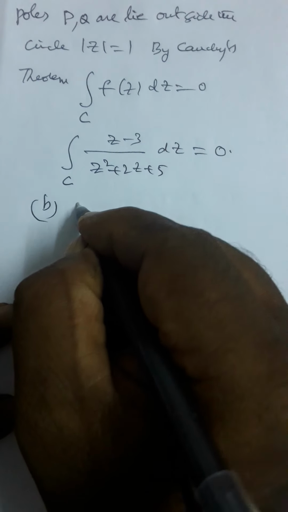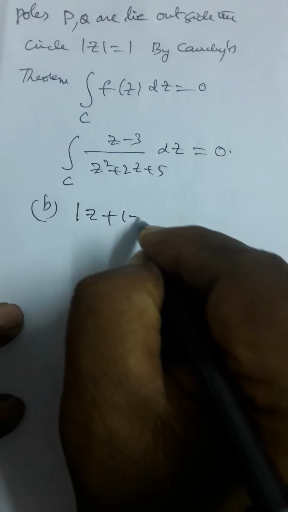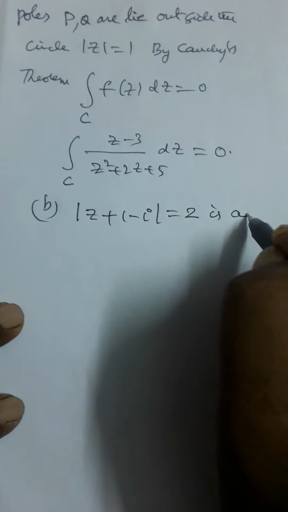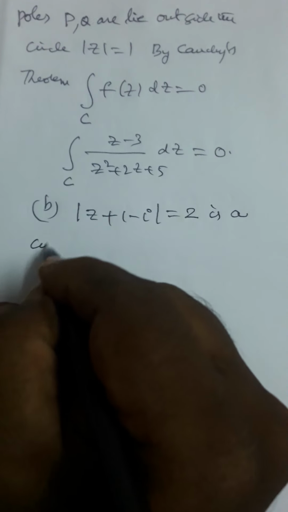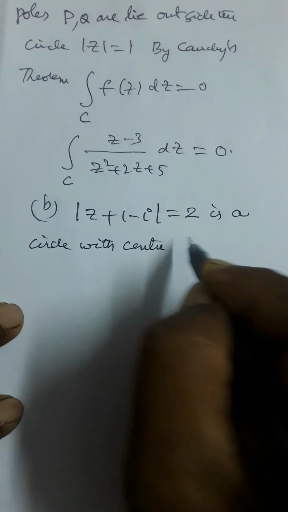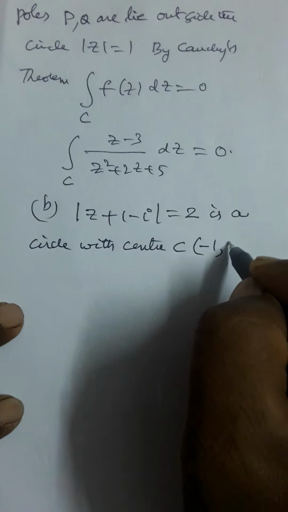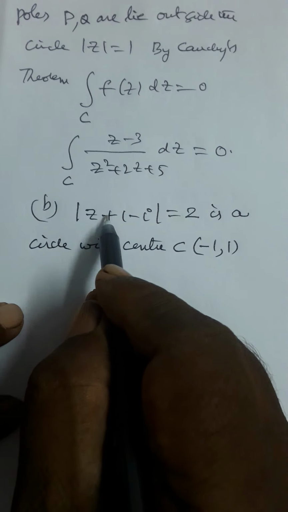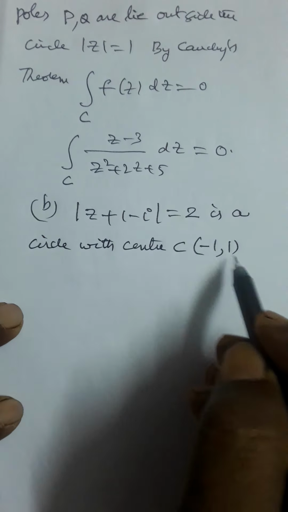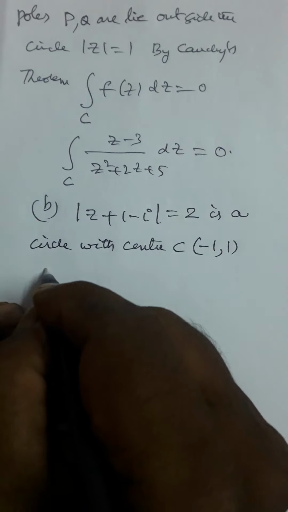Part b: mod z plus 1 minus i is equal to 2 is a circle with the center C (minus 1, 1). Here plus 1 is there, so opposite sign is minus 1; the imaginary part coefficient is minus 1, so opposite sign is plus 1.